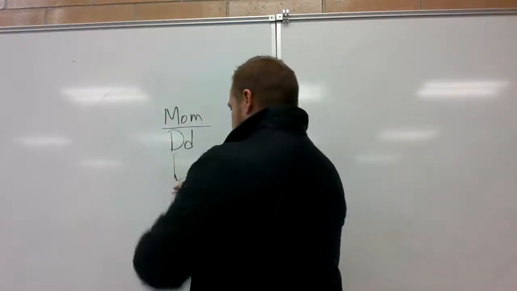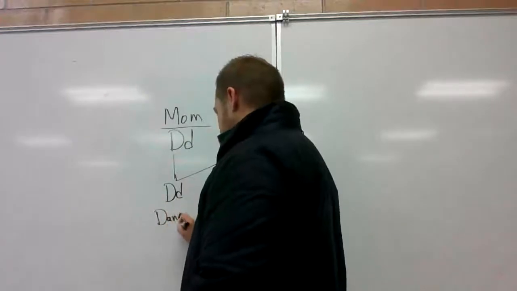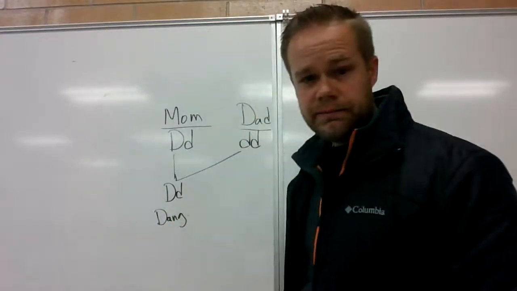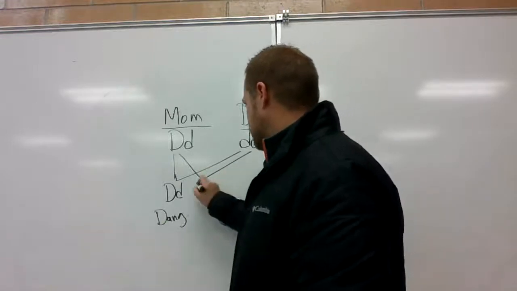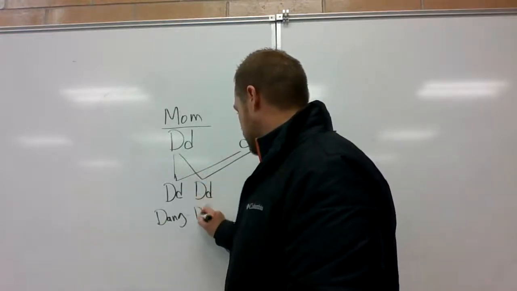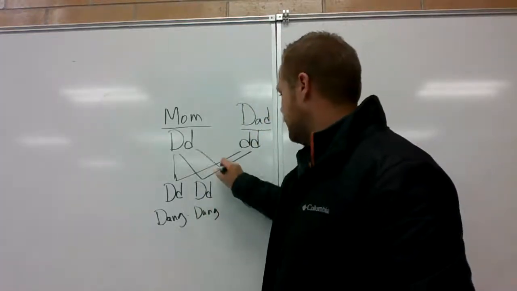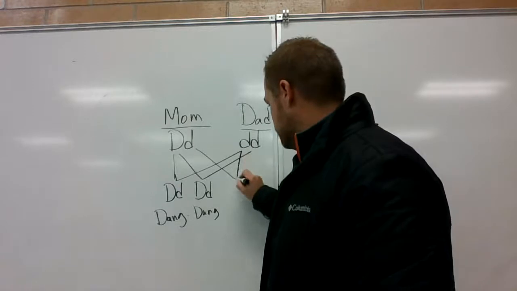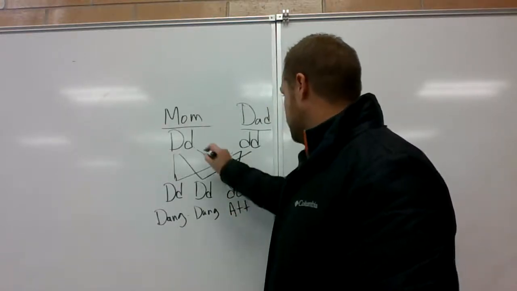The child would have dominant recessive. They would have dangling ears. If mom gives that first one and dad gives the second one, well, it's the same thing, right? Dangling ears. But if mom gives the second one and dad gives this one, then you get attached ears.